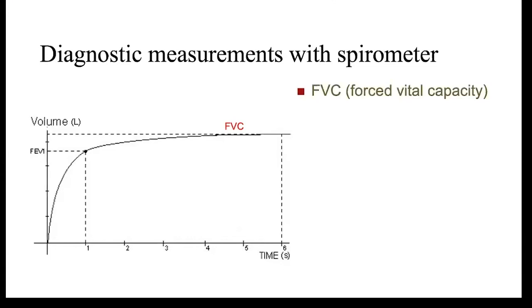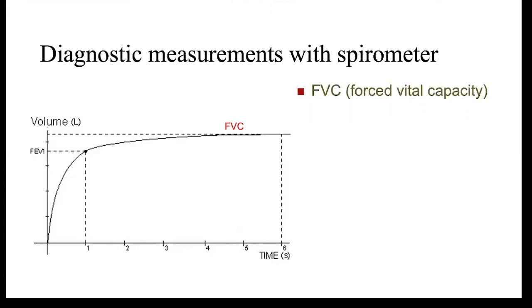Vital capacity is the maximum amount of air that can move in and out of the lungs. It is the sum of tidal volume plus inspiratory reserve volume plus expiratory reserve volume.